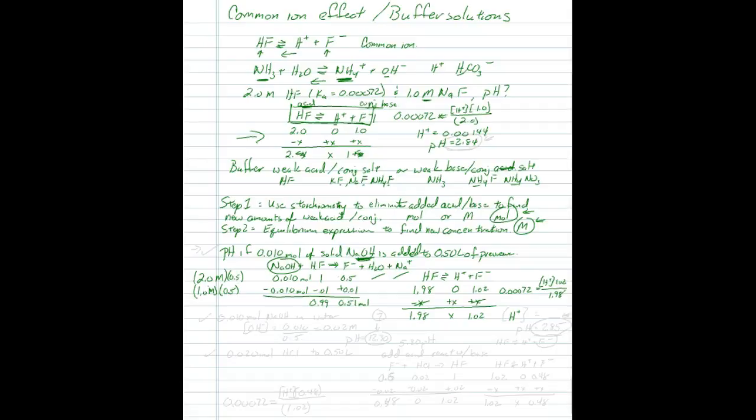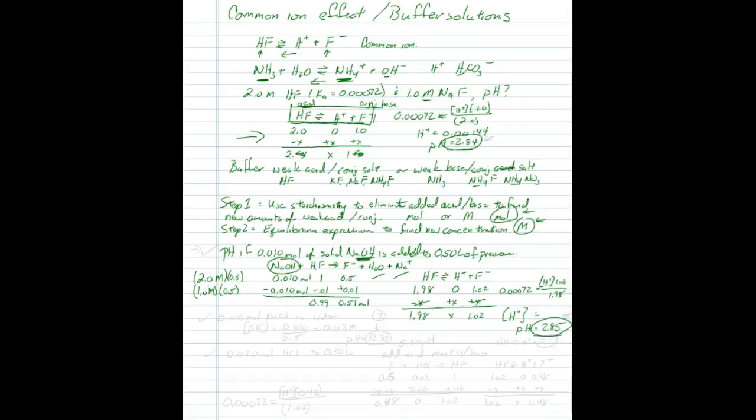I don't have the H plus concentration, but the pH is 2.85. So adding that much base changed the pH by 0.01, for 0.01 moles.